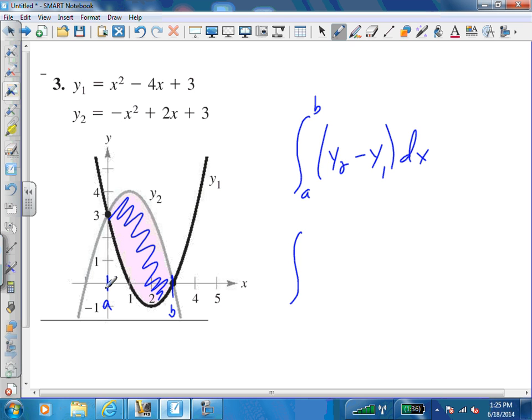What would you say our x value here is? 0. And how far to the right does it go? 3. Our top function is negative x squared plus 2x plus 3. Our bottom function, that's y1, so x squared minus 4x plus 3 dx.